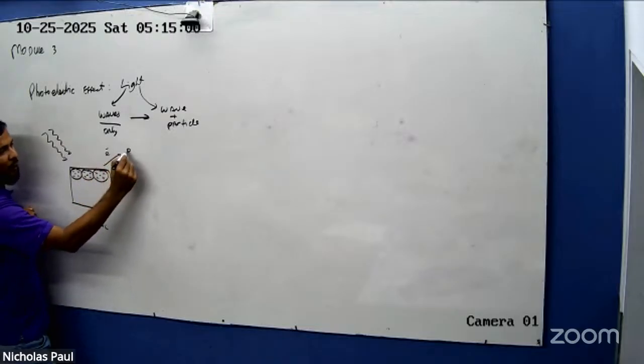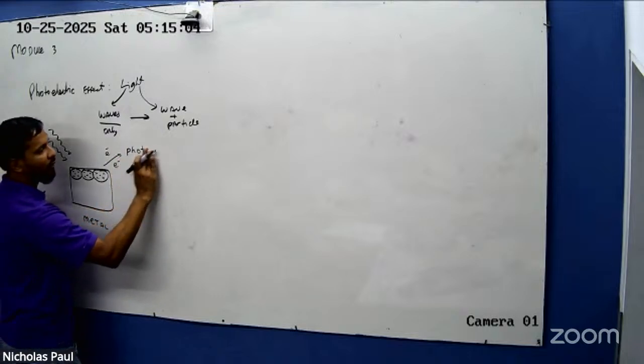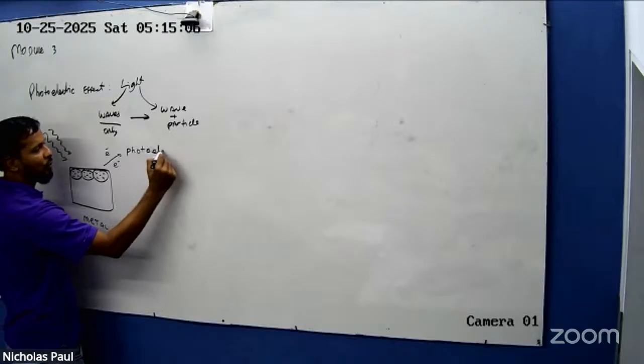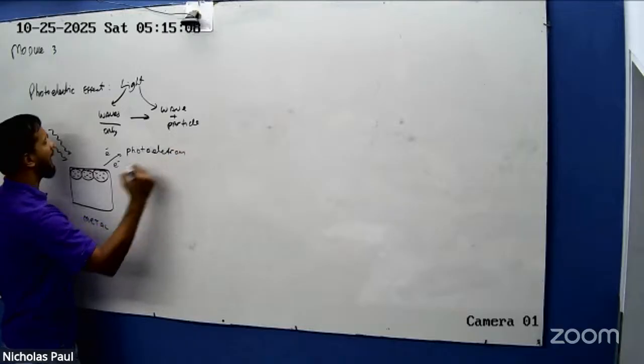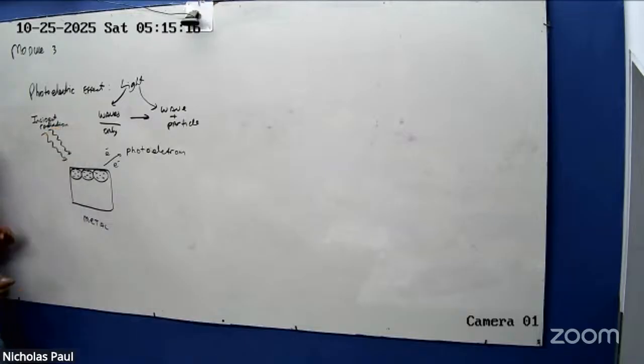Let's call them photoelectrons. So here we have incident radiation. When the incident radiation hits the metal, electrons leave it.